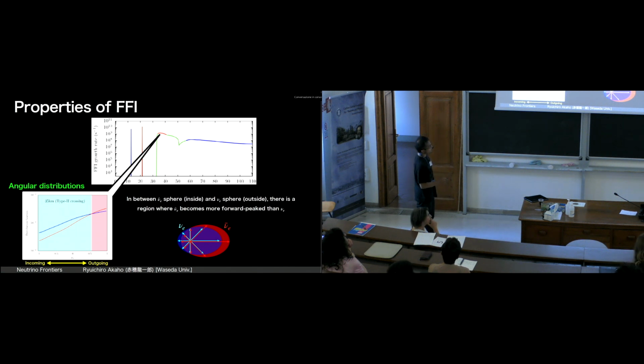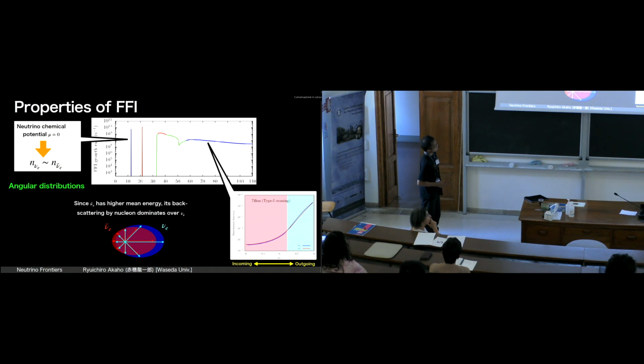So, in this region, the anti-electron type neutrino decouples at inner radii. So it becomes more forward peaked than the electron type neutrinos, which makes the type 2 crossing.